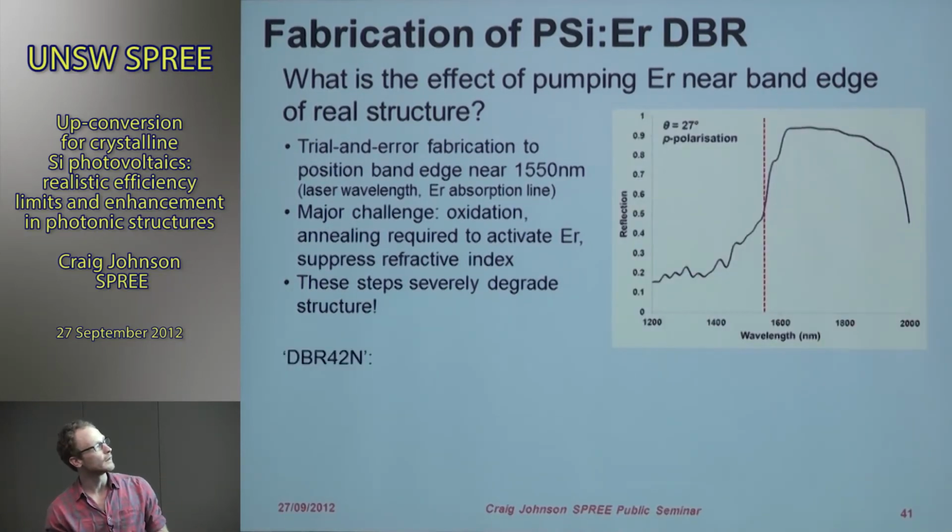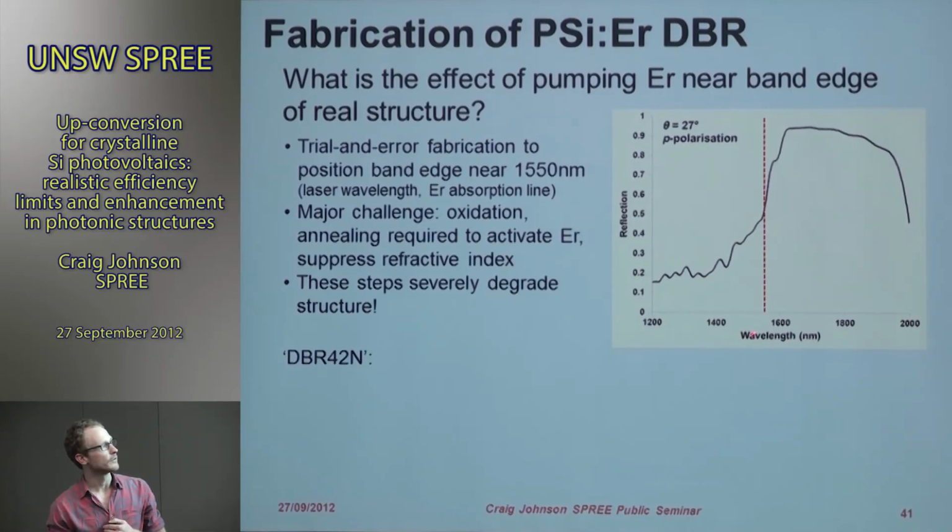You can see that we have here, so this is 27 degrees of incidence, P polarization, the reflectivity profile of such a structure. But it looks a bit more pathological than the nice simulated refractive index or reflectivity profiles. But it's still quite a high transition between the peak reflectivity and the kind of normal dispersion region down here.